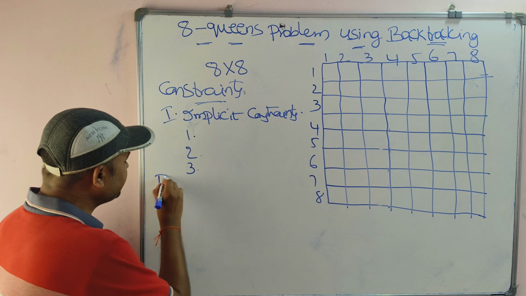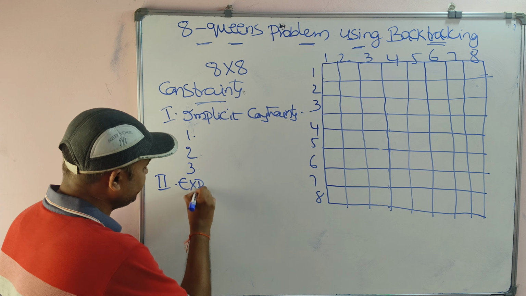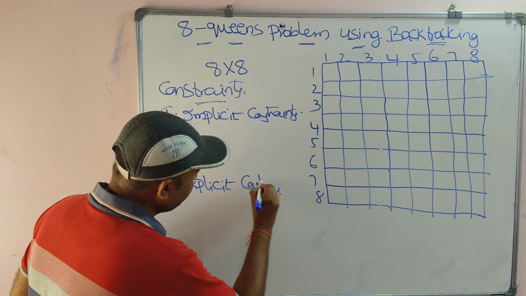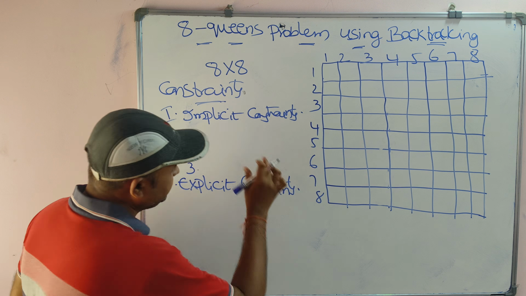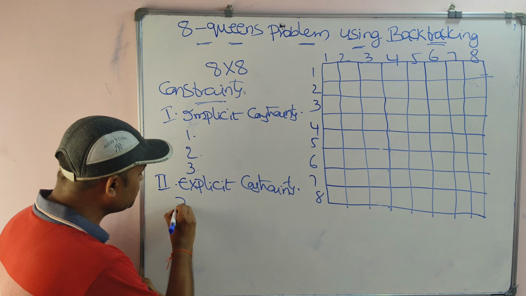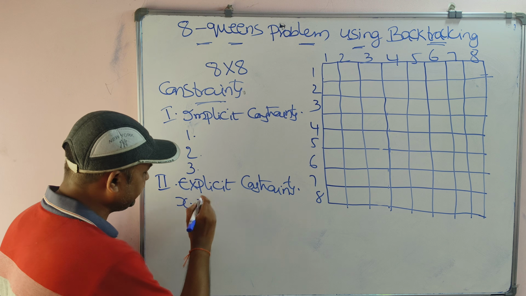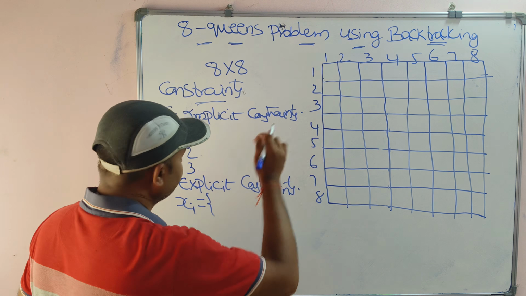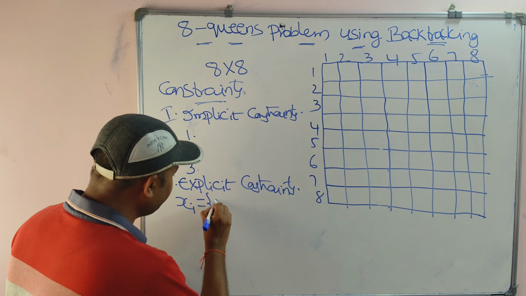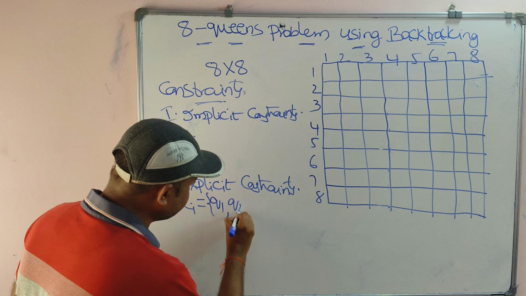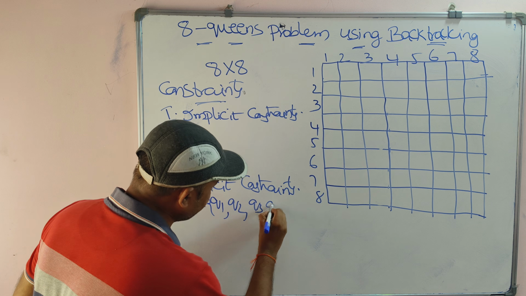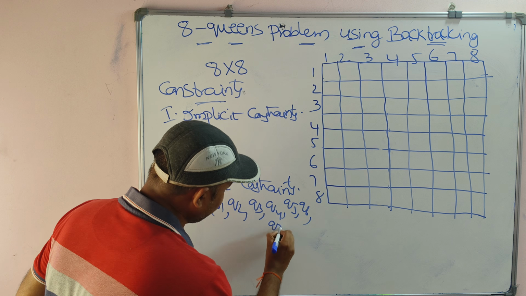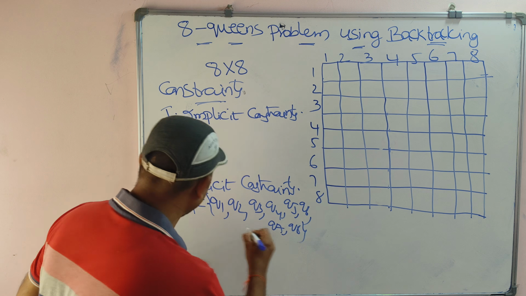The second one is explicit constraints. Here in the 8 queens problem, the solution vector is represented by xi. So totally we have to place 8 queens here. The queens are denoted from Q1 to Q8: Q1, Q2, Q3, Q4, Q5, Q6, Q7, Q8.